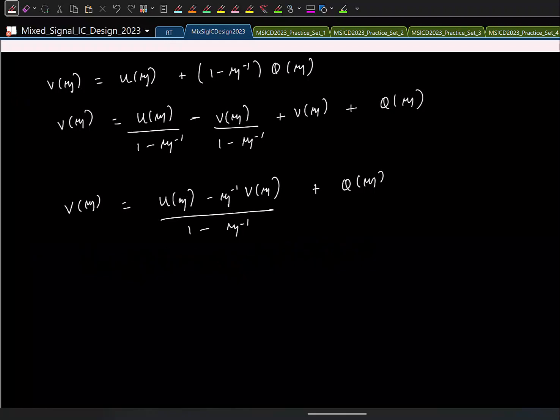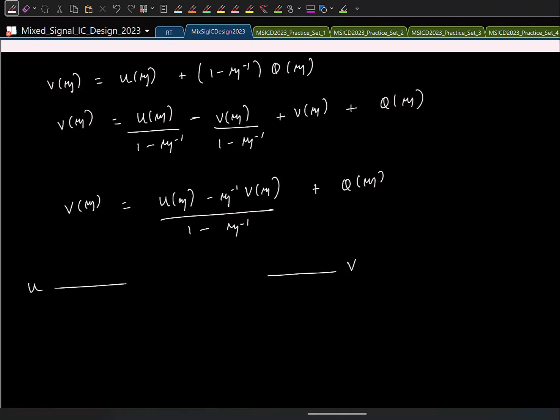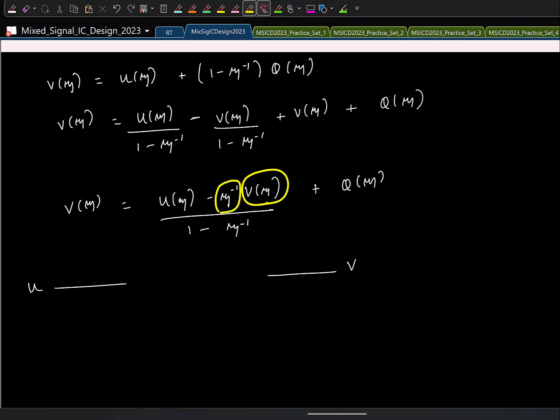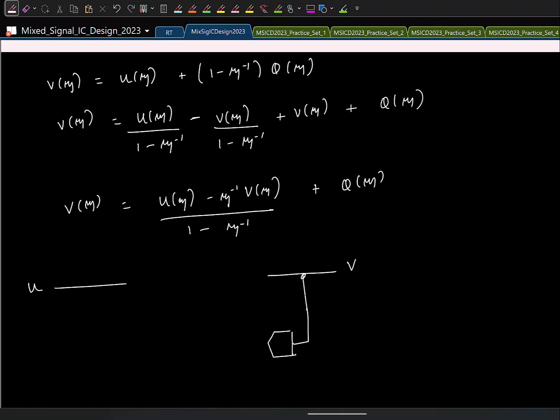So now let's try to make a system that realizes this. I have the input U, I have the output V. So what am I doing to the output first? Z inverse is there, and remember the output is digital, so actually I'll have a DAC here, and then Z inverse, and then I have to subtract these two.